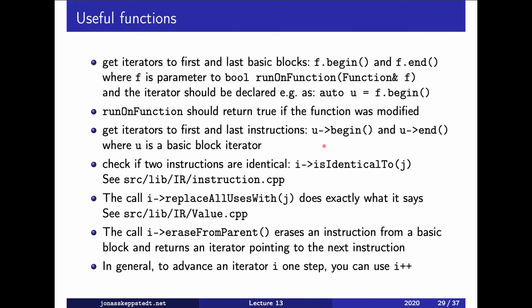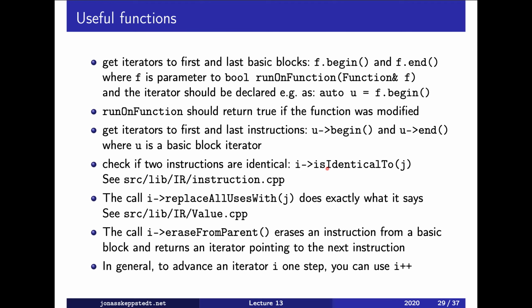So once we have an iterator, we can use begin and end on the basic block to get iterators of the instructions. And when we have an iterator to an instruction, it has this operator to get to the instruction.